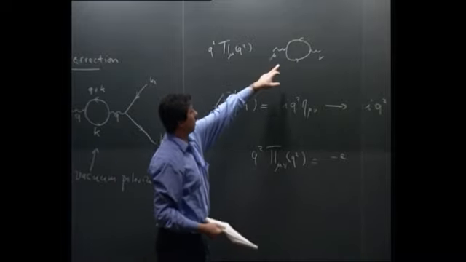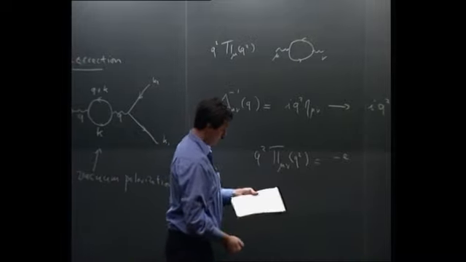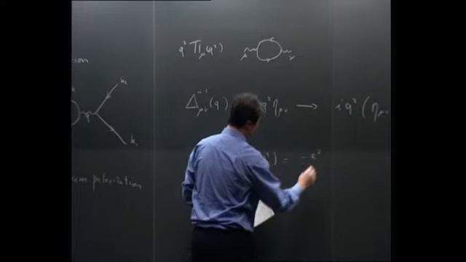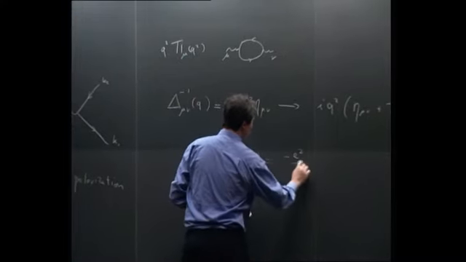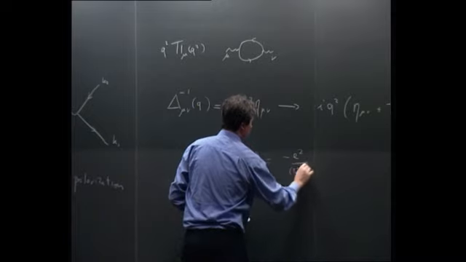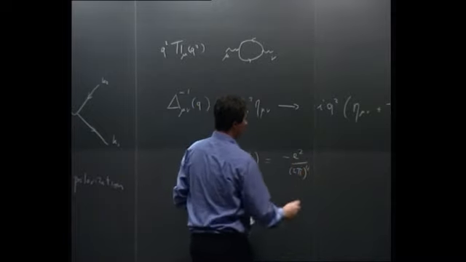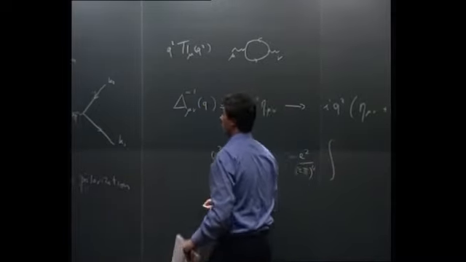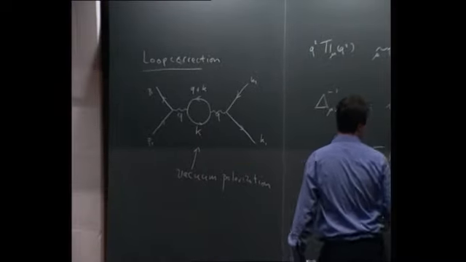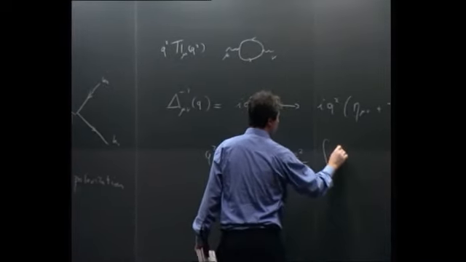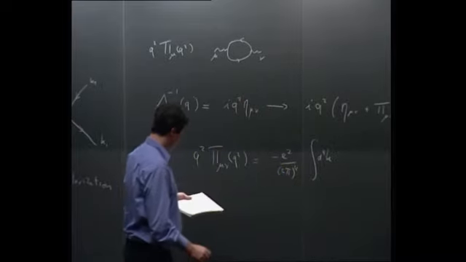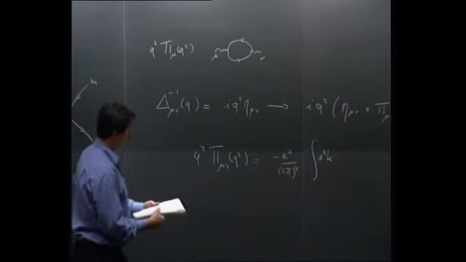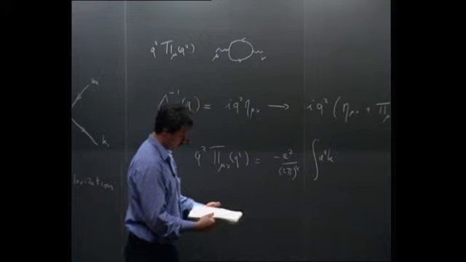But I'll write down only the expression for the internal electron lines. So there are two vertices, so there's an e squared, some normalization factor. Then there will be an integration over this momentum k, and since it's a 4 momentum, I have to integrate over the 4-dimensional k values.